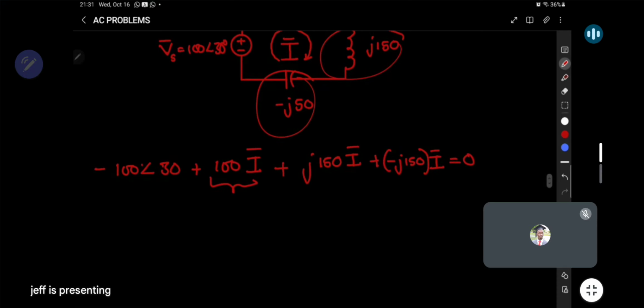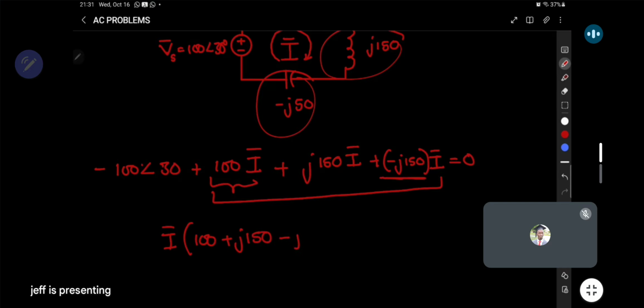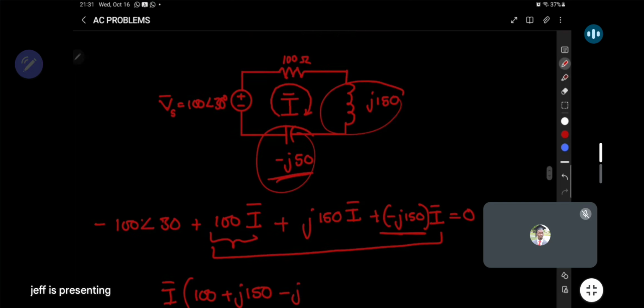The power supply goes to the right. And then these all have phasor current I, so I can factor out phasor current I. What will remain here is 100. What will remain here is a J150. What will remain here is a minus J. I have 150, 150, but one of them is not 150, just 50. This one has to be just 50, not 150.